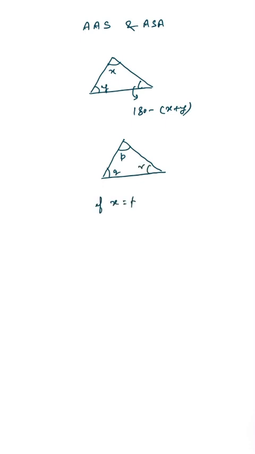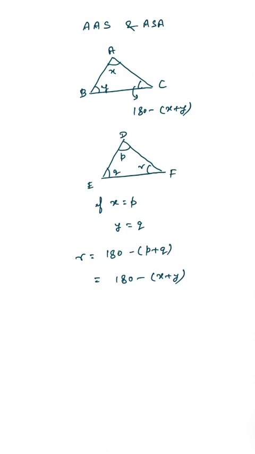If we have another triangle with angles P, Q, R respectively, where x is equal to P and y is equal to Q, then angle R is going to be 180 minus (P plus Q), where P and Q are equal to x and y respectively. So R is nothing but 180 minus (x plus y). So the third angle is going to be the same as well.